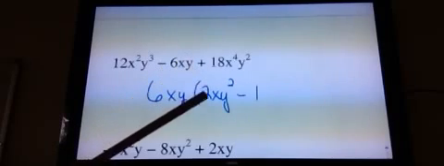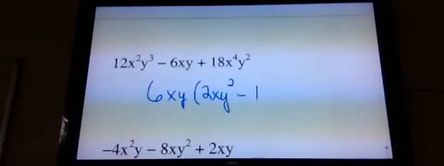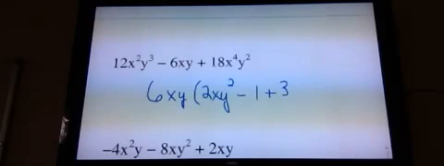Y into y cancels, took it out. This 1 absolutely must be there. There's no variable left to hold its place, so the 1 must be there. Plus 6 into 18 is 3. X into x to the 4th is x to the 3rd. Take the 1 from the 4. And then y into y squared leaves me y.